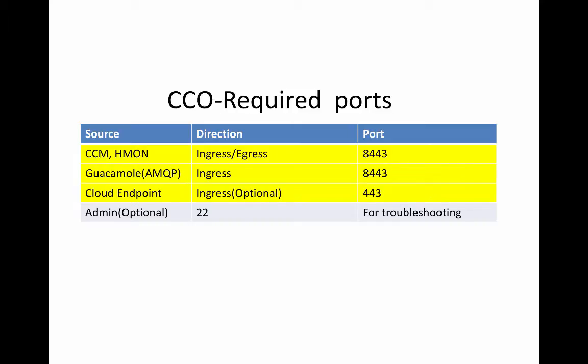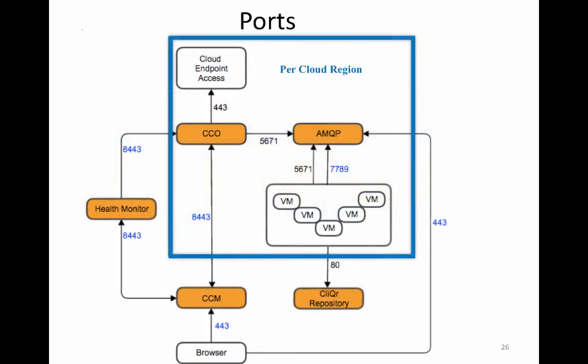Same thing here, 8443. And if you look at this one, this is something to keep in mind, and it is more important because you are putting your CCO and AMQP in AWS, Azure or Google Cloud. So you have to make security groups that allow which ports can come in.